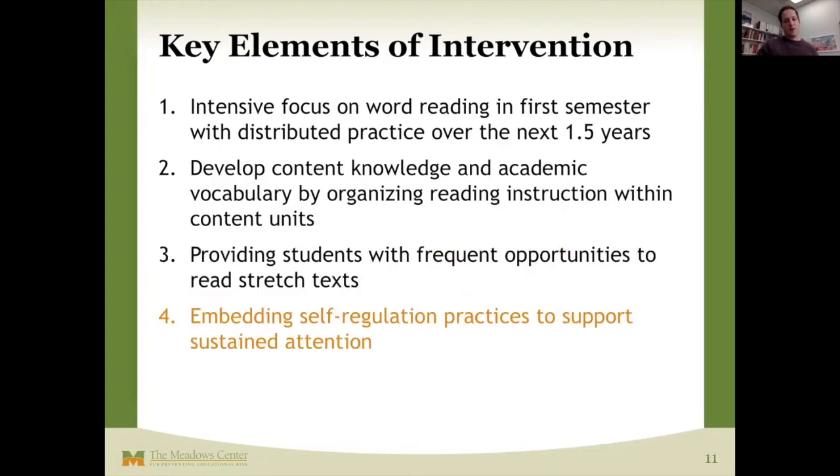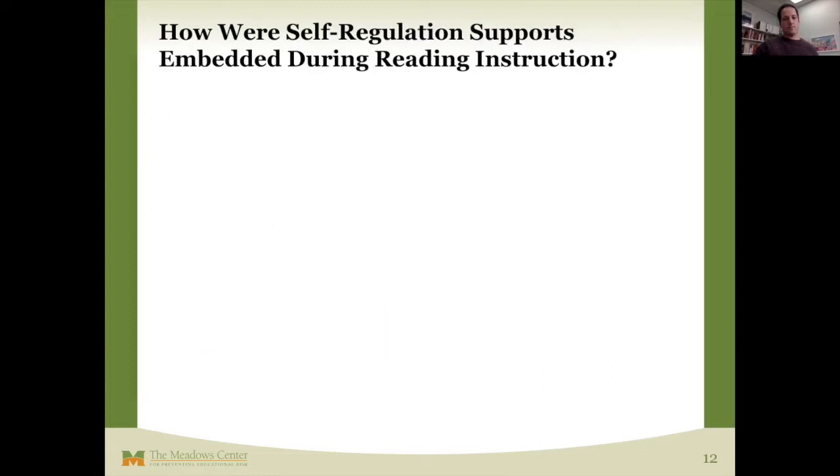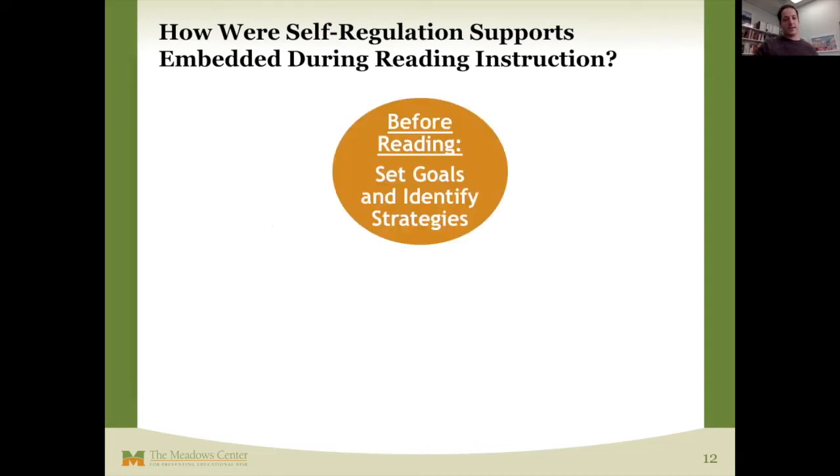And one of the primary ways we encourage students to be actively engaged and strategic when they were reading is through embedded self-regulation supports. So what did these self-regulation supports look like during reading? It involved setting a goal for reading and identifying strategies before reading the text.